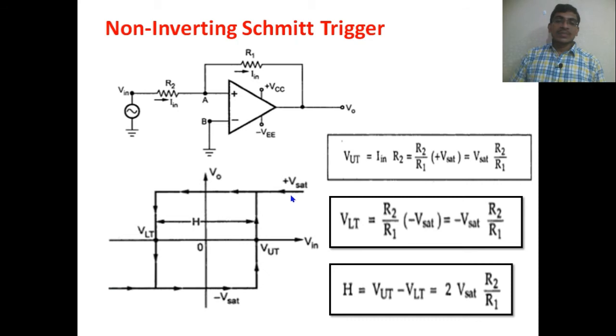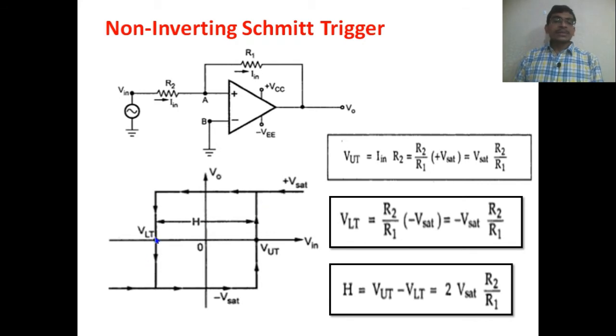So here you can observe, if the input voltage is less than the lower threshold voltage VLT, then the output will be switched from plus V saturation to minus V saturation, and when the input voltage is greater than the upper threshold voltage, the output will be switched from minus V saturation to plus V saturation, which is exactly the opposite of the inverting Schmitt trigger.